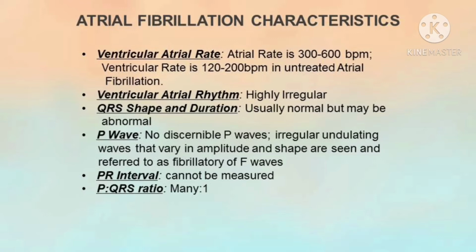P wave: no discernible P waves. Irregular undulating waves that vary in amplitude and shape are seen and referred to as fibrillatory or F waves. The PR interval cannot be measured, and the P-QRS ratio is many to 1.